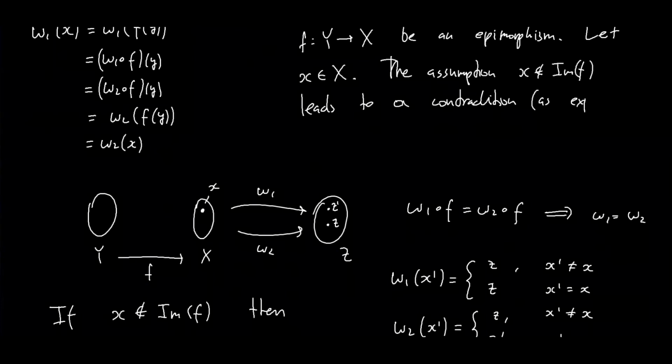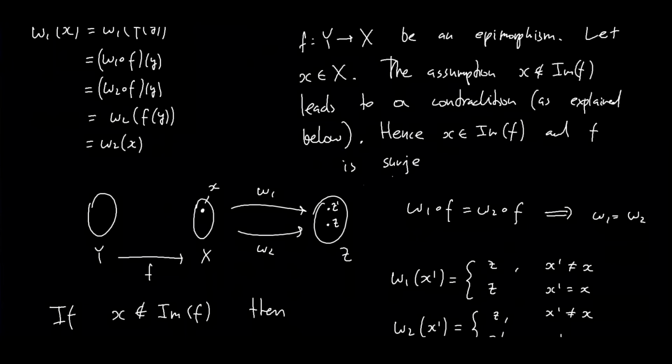Hence, x must be in the image of f, and this makes f surjective, because we were working with an arbitrary x, which is all we wanted to prove.